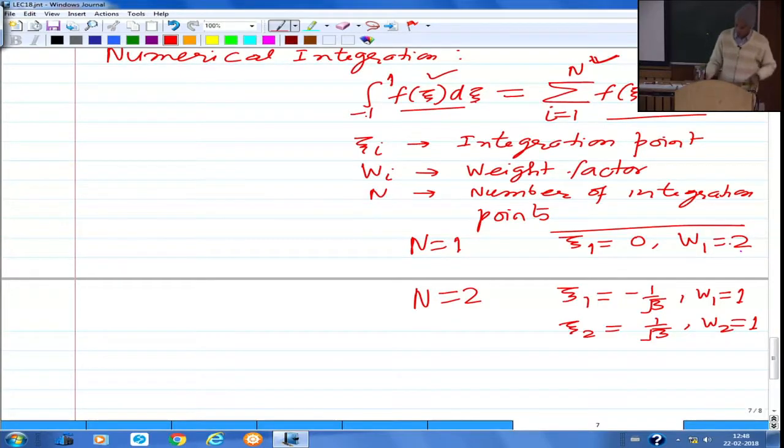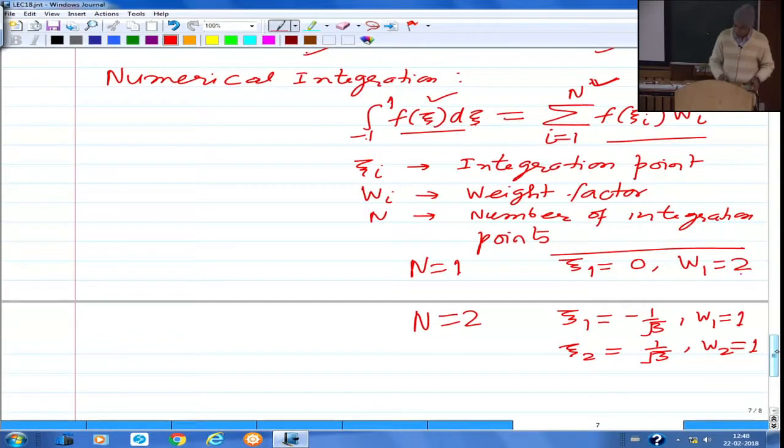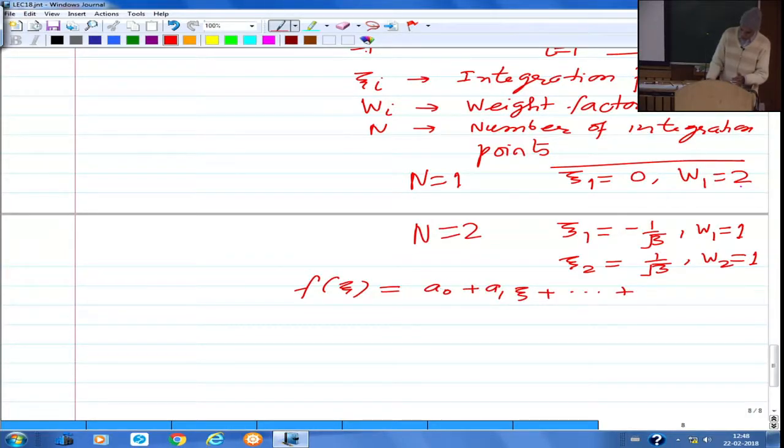So if it is a polynomial, and the highest power of xi in this polynomial is, let us say, small m, that is f(xi) is a0 plus a1 xi and like that plus am into xi to the power m, then n should be approximately, this is an approximate expression, (m plus 1) by 2.